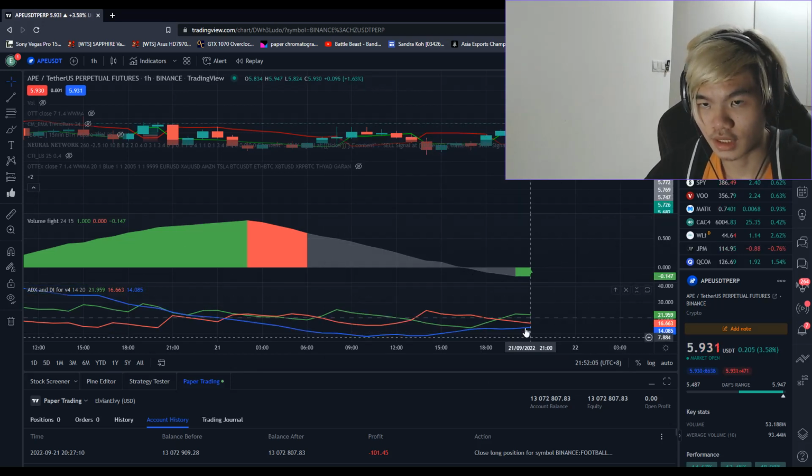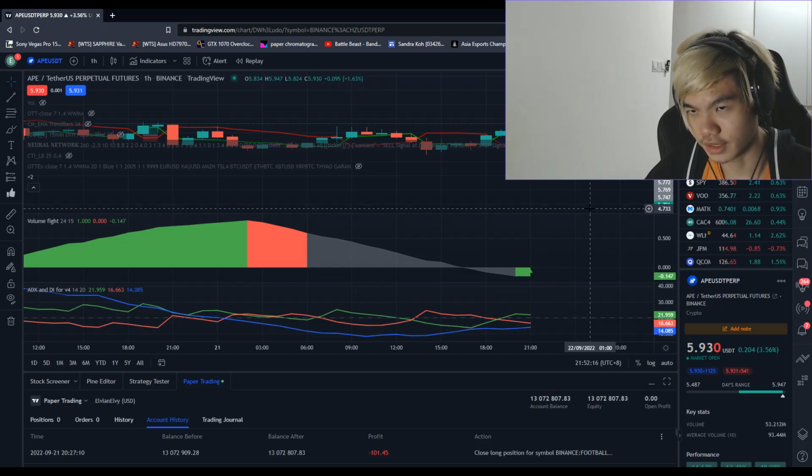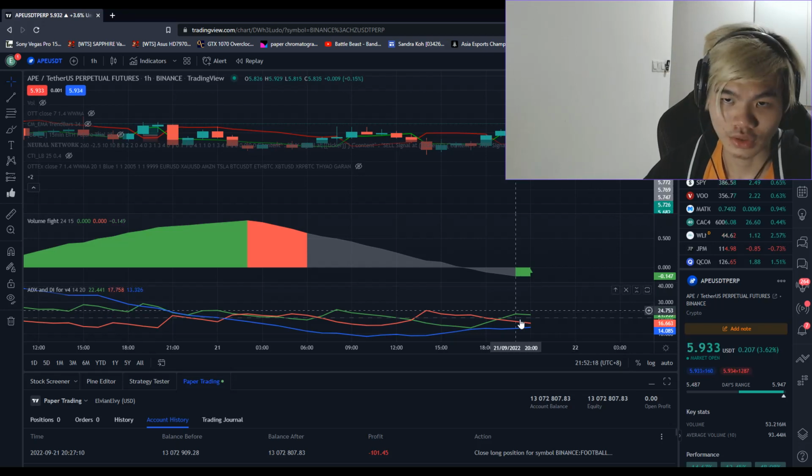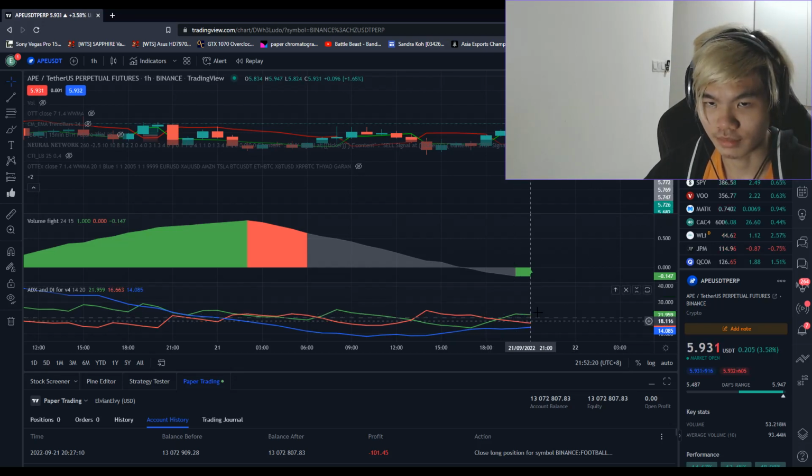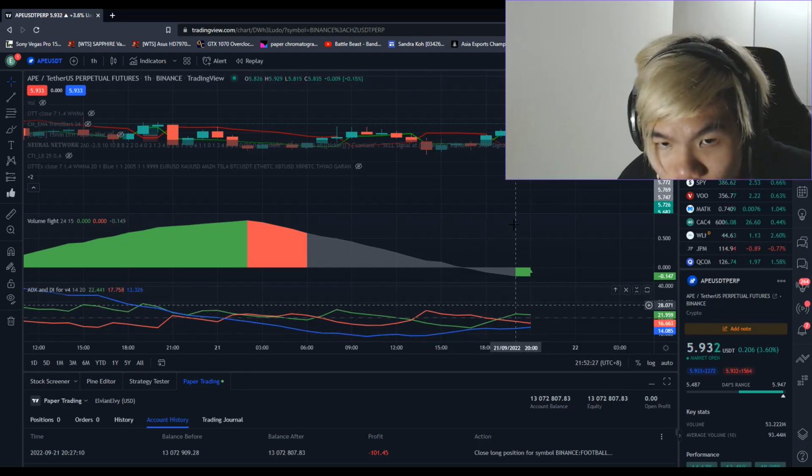So when you see a slope up, it means it's bullish, and if the blue color line is going upwards, it's also bullish. Wait, am I saying that right? Yeah. So if the ADX, if the green color line is heading upwards, then it would have been.